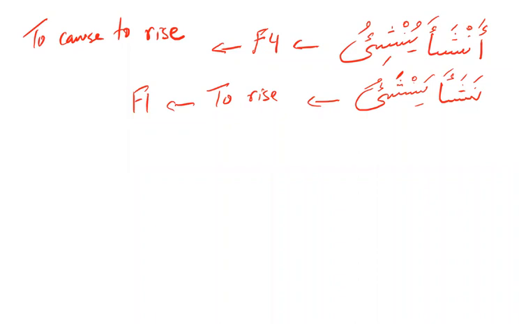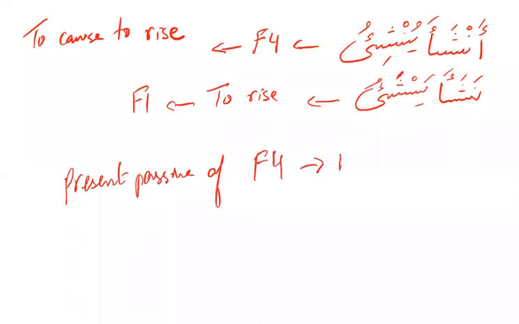Okay. Sister, the difference between F1 and F4 in present tense is that in the F4 family, the mudari letter will be up. Remember when we were doing passives, I said that the present passive of family 4 is the same as family 1.